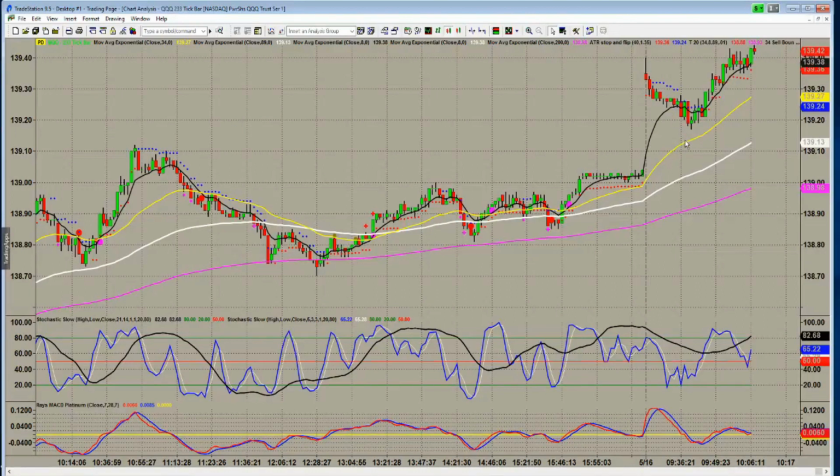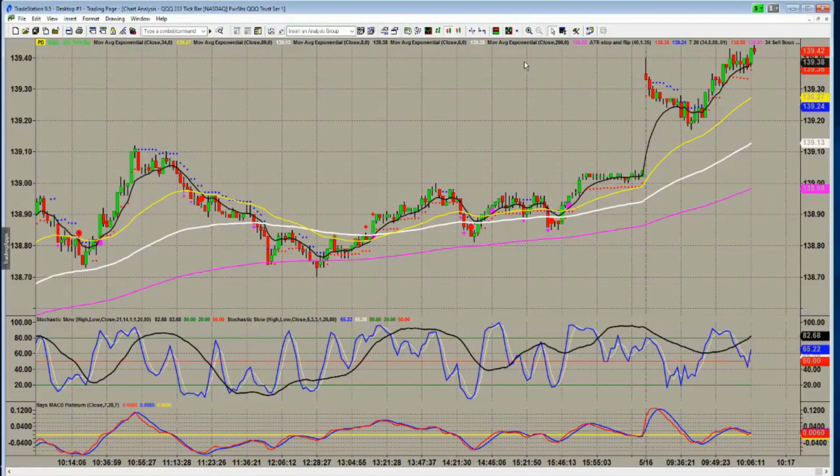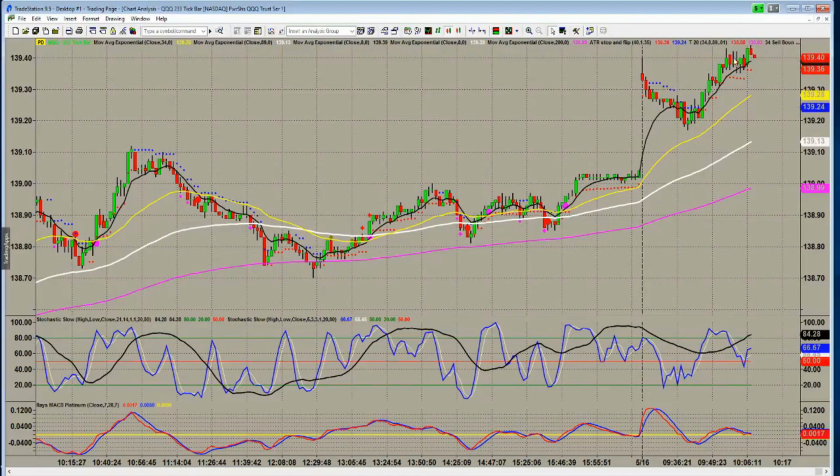That's all that was, to come in here and try to fill the gap. And it's not easily seen, obviously, in the NASDAQ or the ES, but it's easily seen in the ETFs, the triple Qs, the Spiders. And so you're now setting a new high. It was a new high for the day in the ETFs.